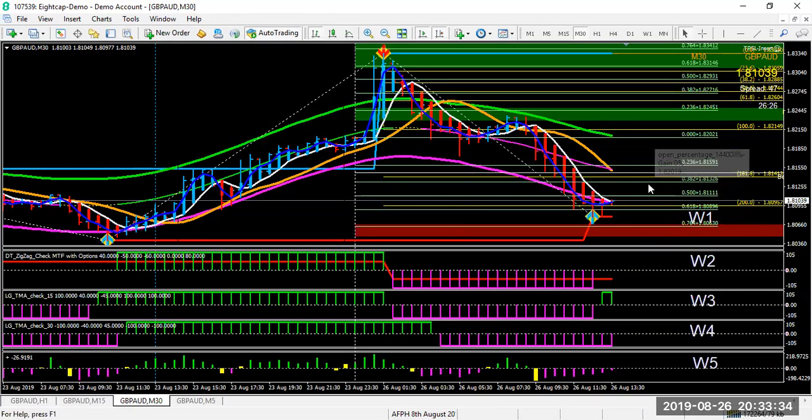So once again over here, yeah. The two most important things we need when we're trading is: what direction is price going?